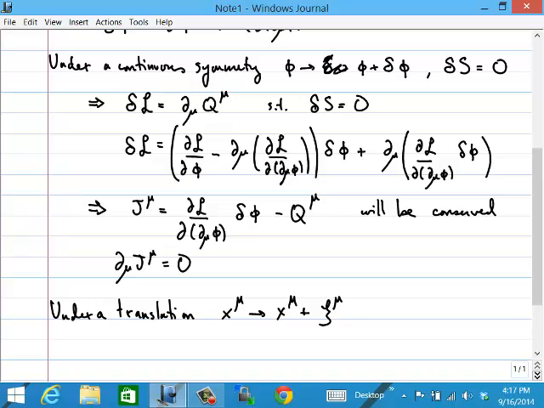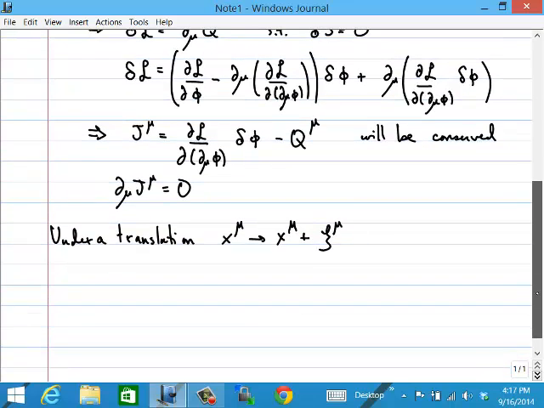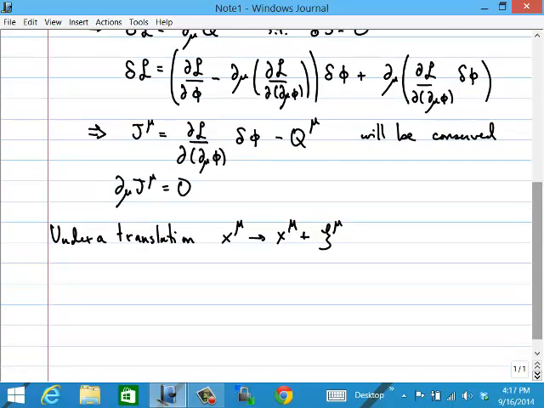Okay. Zeta is just some 4 vector. Could be anything. For example, if I want to consider a time translation, then zeta would be a 4 vector with components only in the time direction. Okay. So the action is supposed to be invariant because the theory is translationally invariant. So delta S is equal to 0.